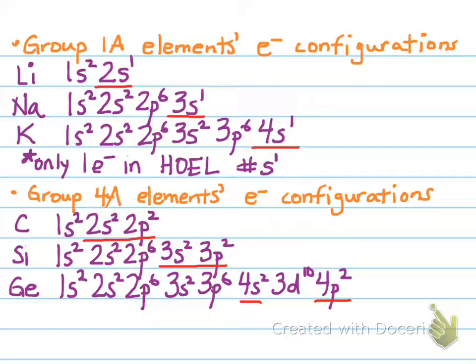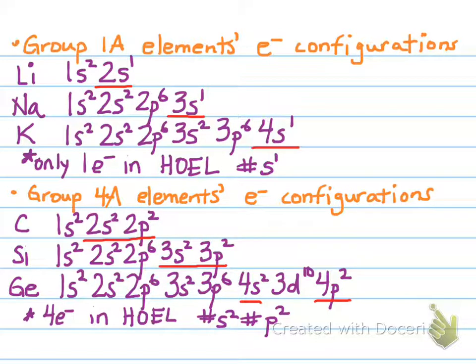What we're looking for is what all of these electron configurations of the elements in the same group, family, or column of the periodic table have in common. And what we see is that all of these elements have 4 electrons in their highest occupied energy level, and every single time it's s2, p2.